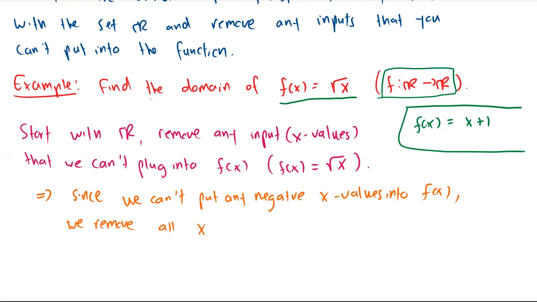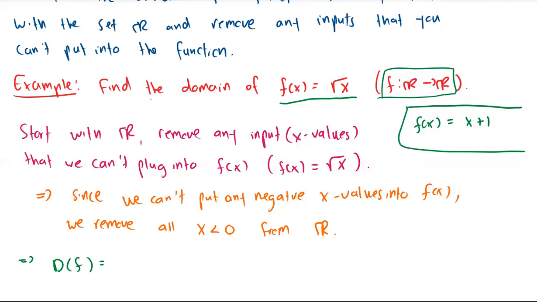So how can you write x values that are negative? That's the same as saying x less than 0, using an inequality. So remove all x less than 0 from the real numbers. And then anything that's left over is the domain. So what is left over? What's the domain of f?